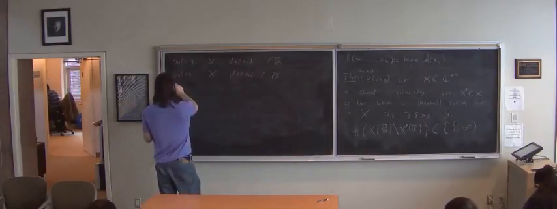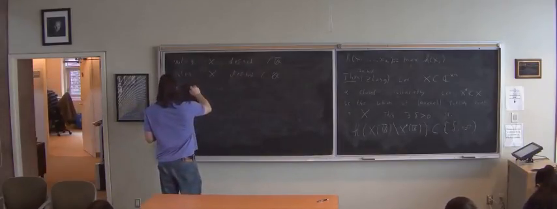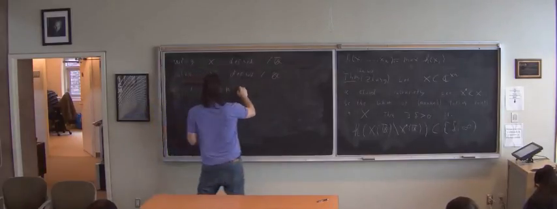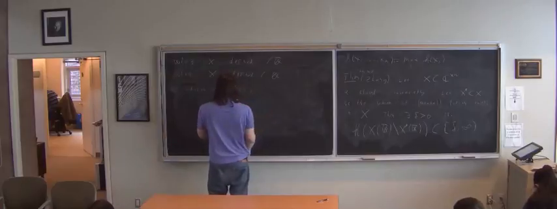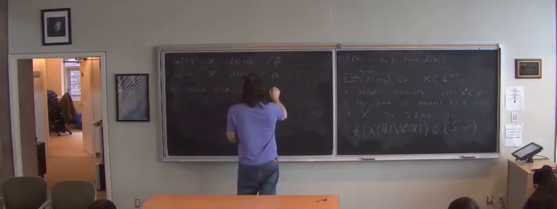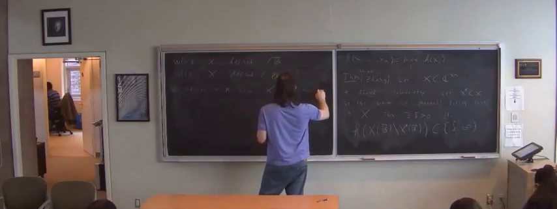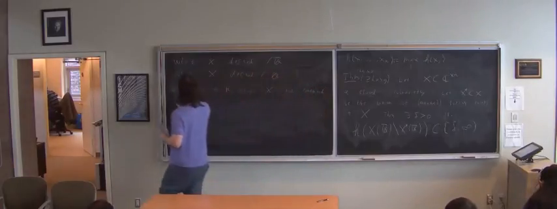And then also, by induction on n, you can assume that X is not contained in a torsion coset.